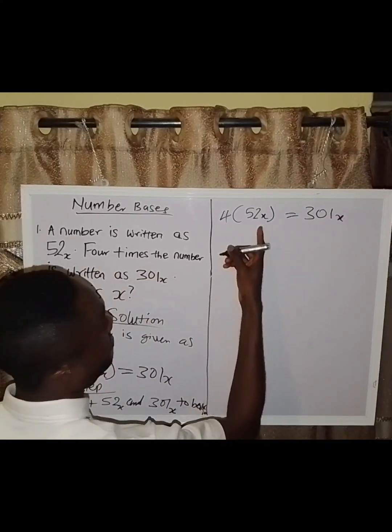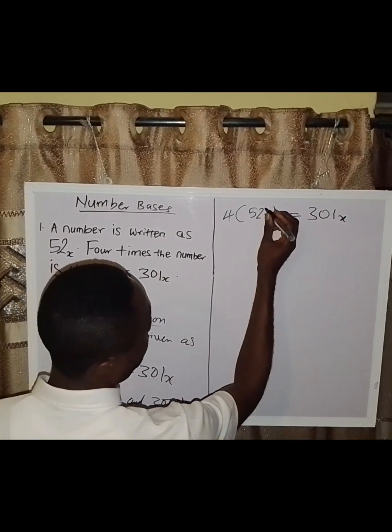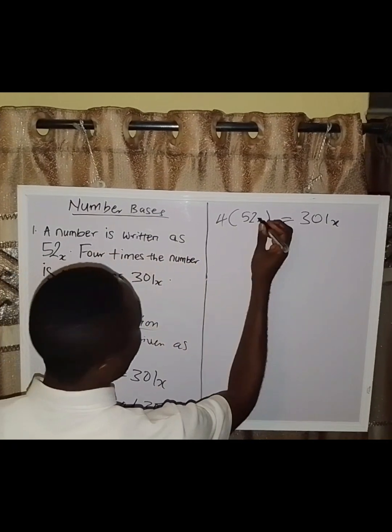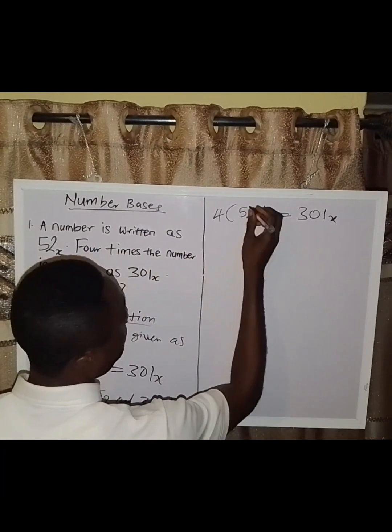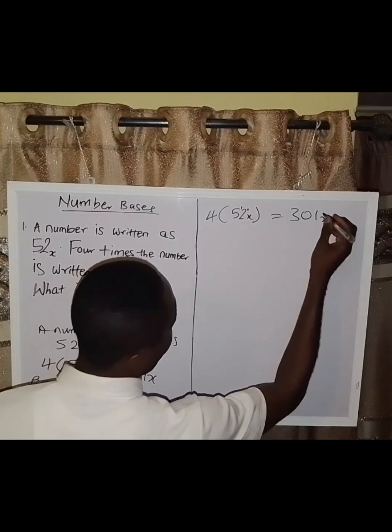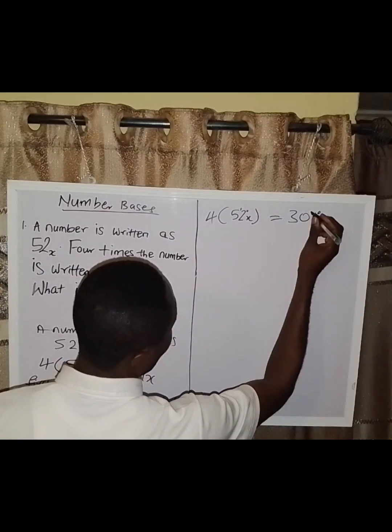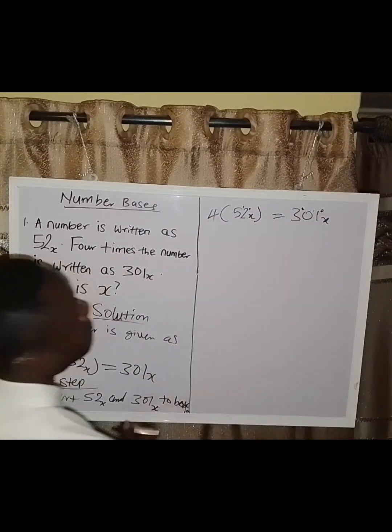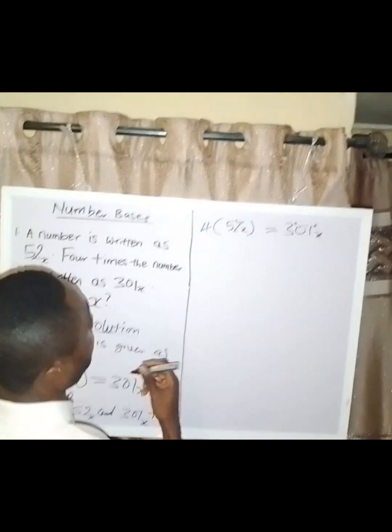Now to convert this to base 10, this is what we do. The first number, you read from right to left. The first number is raised to the power 0, the second one 1, and then 2. So that is base 10 conversion.